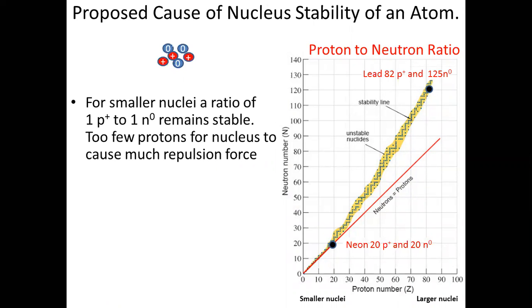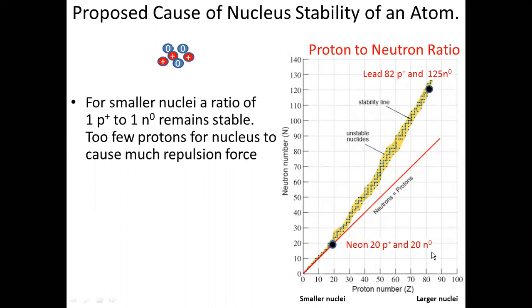So if we looked at an element called neon, neon on the periodic table is atomic number 20. Most neon atoms have 20 protons and 20 neutrons. Notice the ratio is 1 proton to 1 neutron, a 1-to-1 ratio.